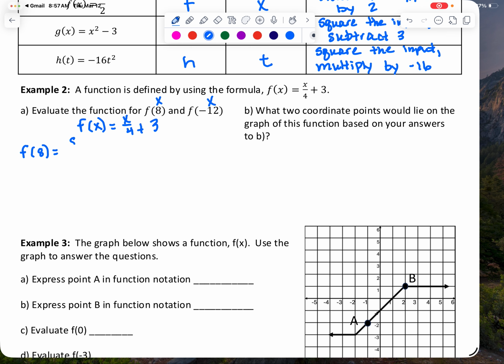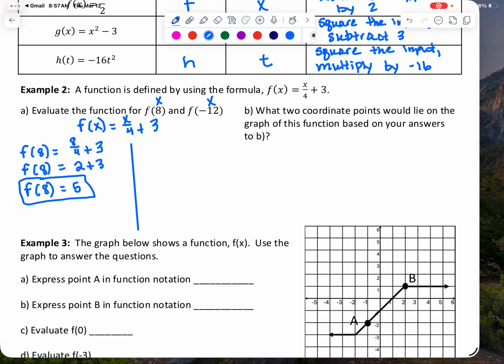So I'm going to take 8 and divide it by 4 and then add 3. So f of 8 would equal 2 plus 3. So f of 8 is equal to 5. So we evaluated the function for f of 8.